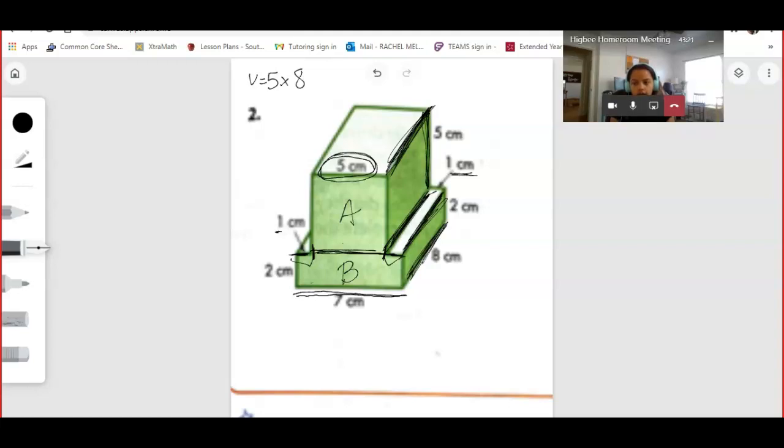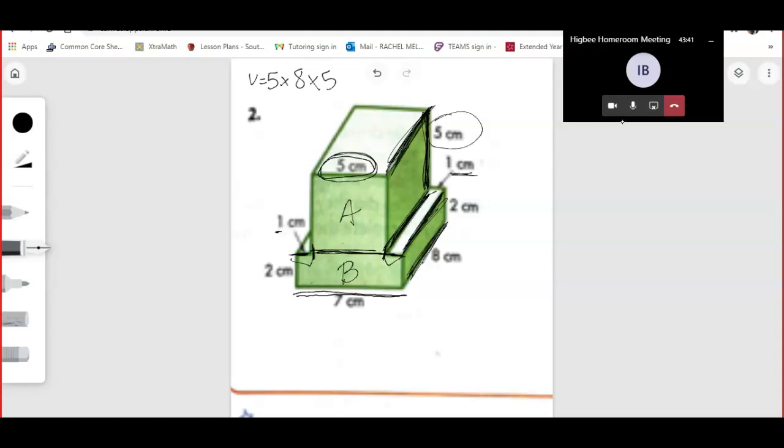So what is this piece right here? It's 5. I think some of you are making it harder.